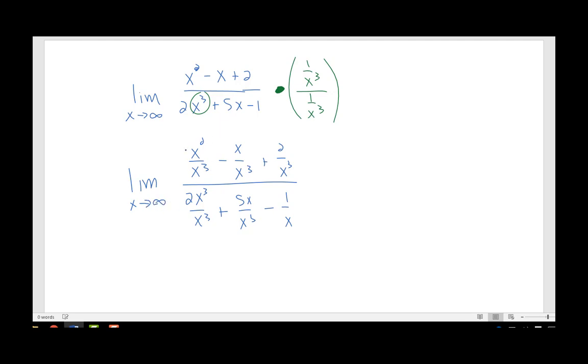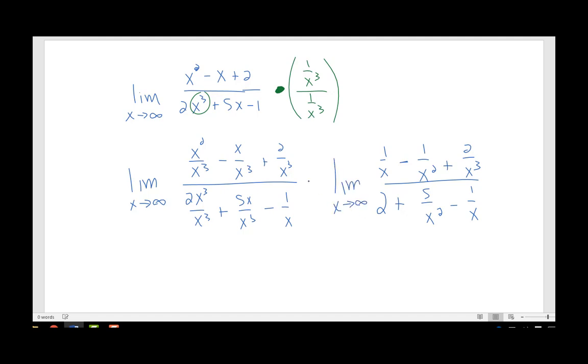In the numerator, I would get 1 over x, and minus 1 over x squared, and then that last term doesn't really simplify. In the denominator, the x cubes would cancel, and I ended up with 2, and then 5 over x squared minus, and again, that last one doesn't simplify.